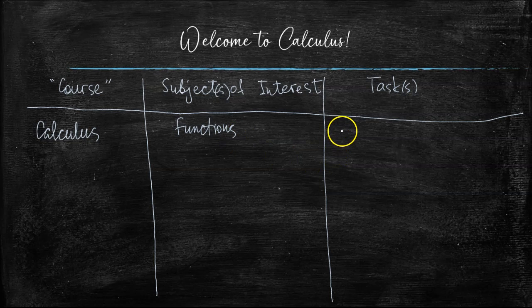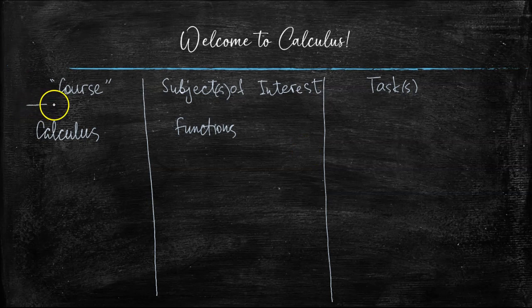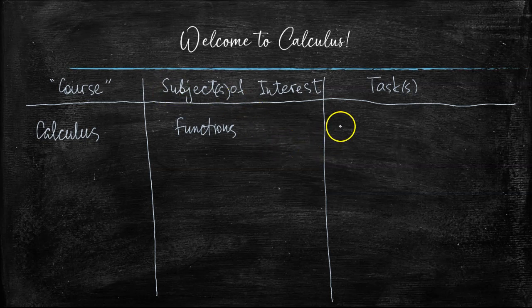So the main tasks that we learn to perform in calculus are, and again, this is something that you may not know because you're just entering calculus, but after exiting the calculus 1 and 2 sequence, if someone asks you, hey, what did you learn in this class? Well, you should say, I learned how to find limits. So functions have limits. We're going to learn about that in calculus class.